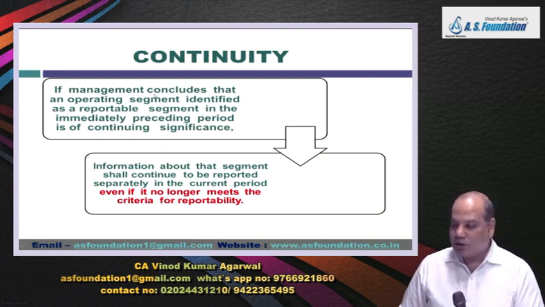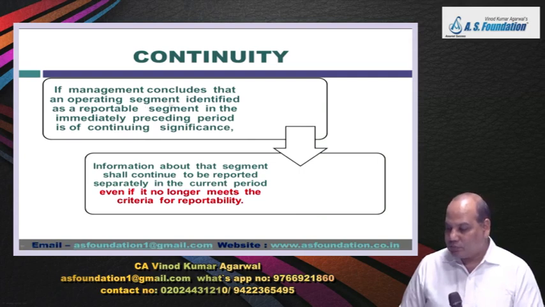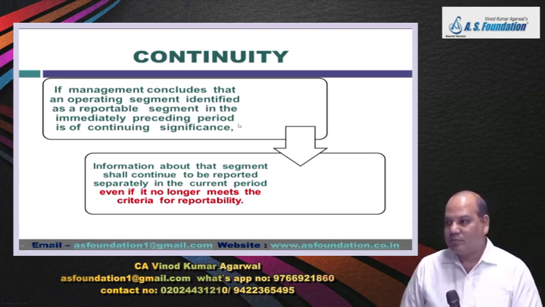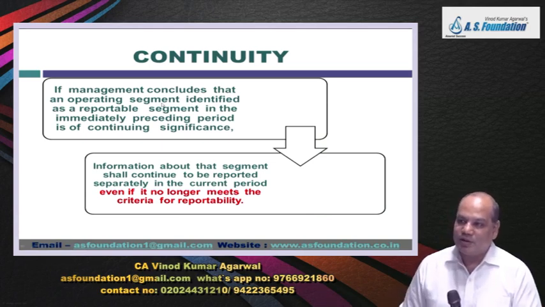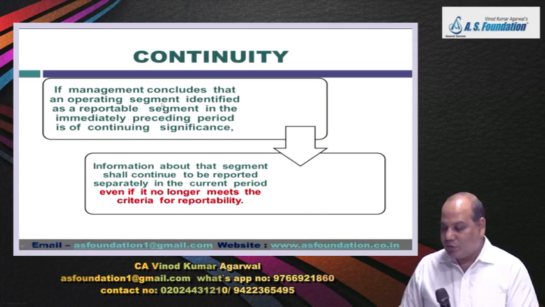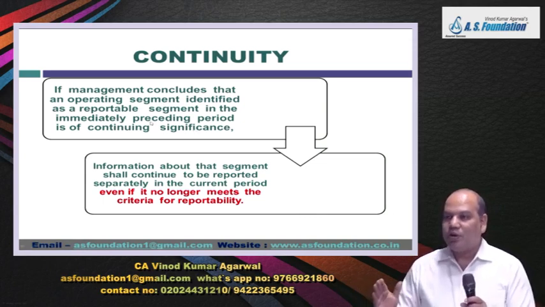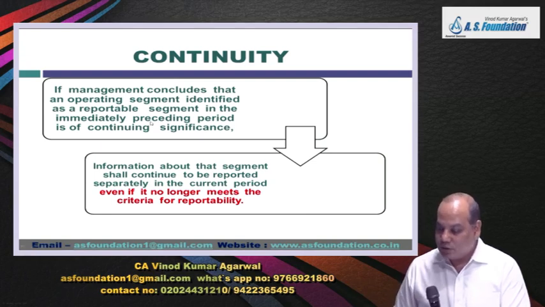If the management concludes that an operating segment identified as a reportable segment in the immediately preceding period is of continuing significance, then information about that segment shall continue to be reported separately in the current period, even if it no longer meets the criteria for reportability.